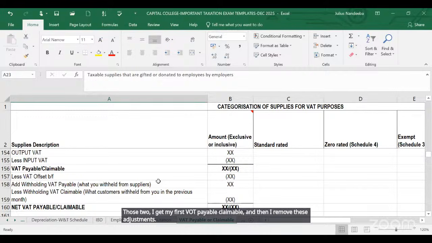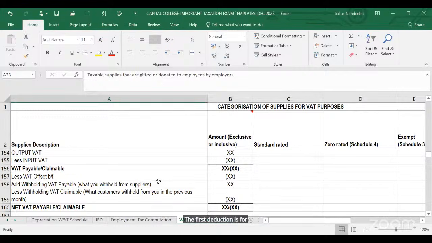The first deduction is for the offset that has come from the previous month, and then the second adjustment is you add any VAT that you will have withheld from your suppliers, because you're the one paying the suppliers. And if you're going to withhold, you'll be withholding from your suppliers. And then finally, the VAT that they've withheld from you that relates to the previous month's supplies. Then you'll be having your net VAT payable or claimable.